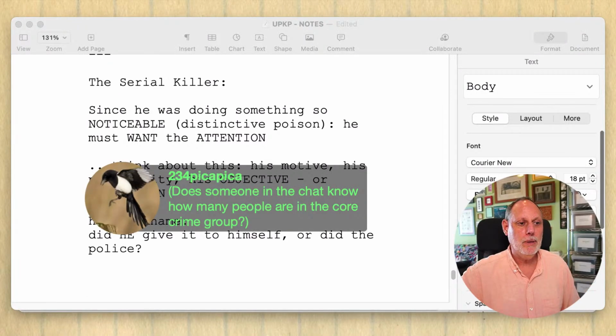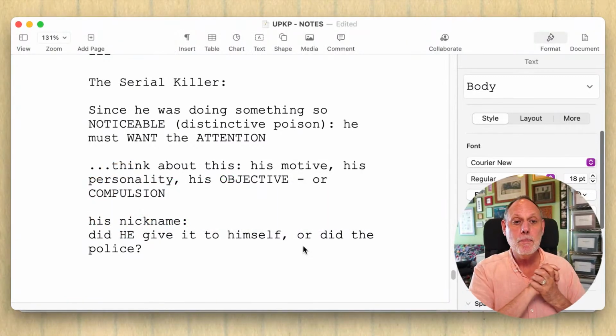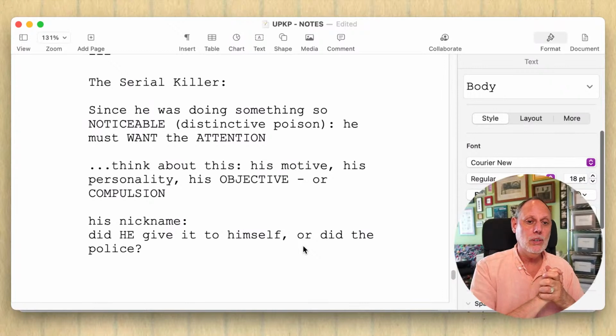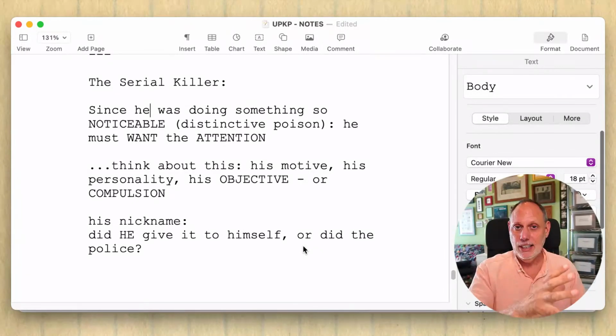Here's a question. How many people are in the core crime group? You mean this group? At the moment, we have 5 or 6. I haven't really decided. I've got 3 or 4. Well, we know we have the meth dealer. We know we have Xena and Norman. So there's 3 that we have definitely put in.